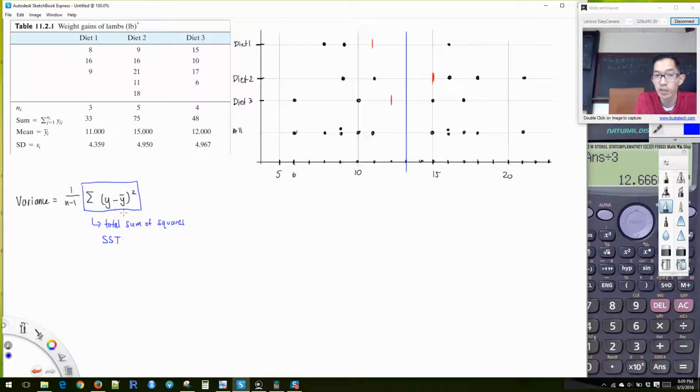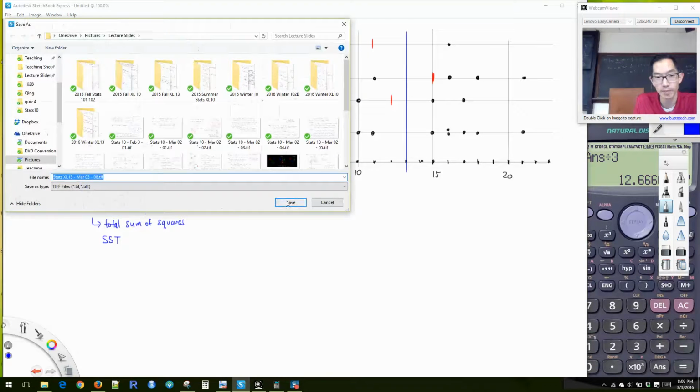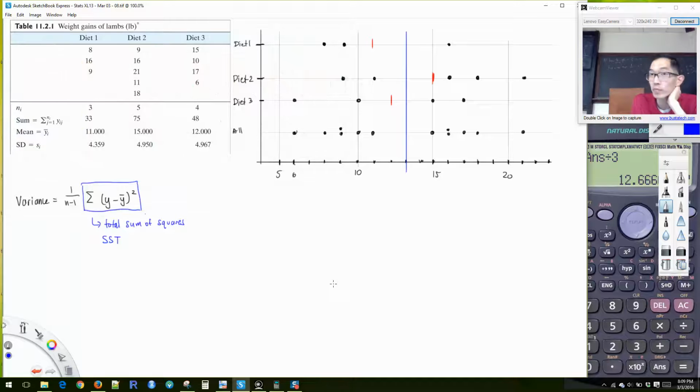This is the square distance from the mean for every single point totaled up. We could do this for all 12 data points and find the total squared distance from the mean.